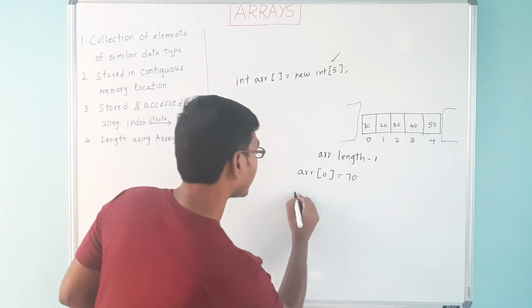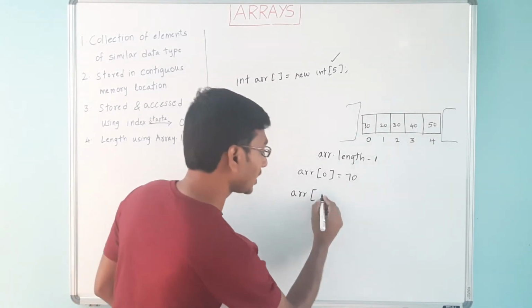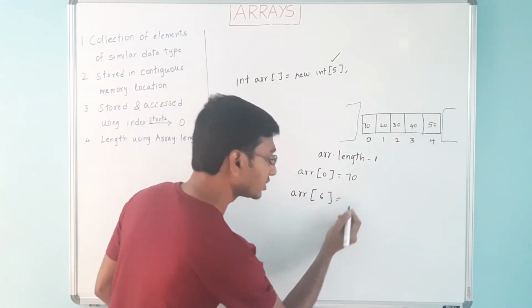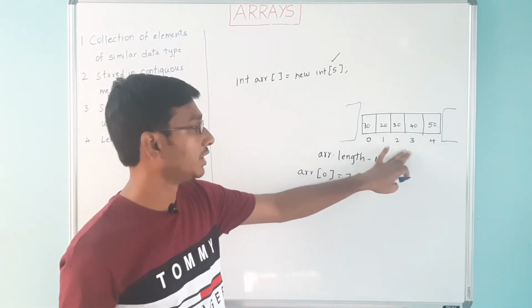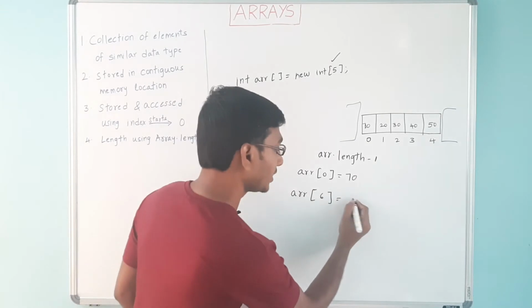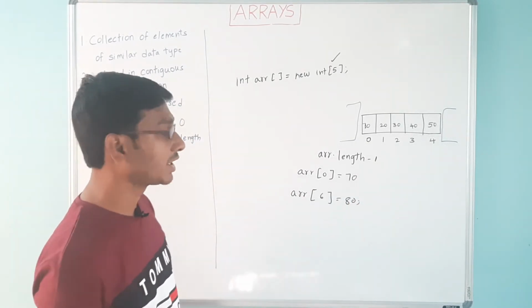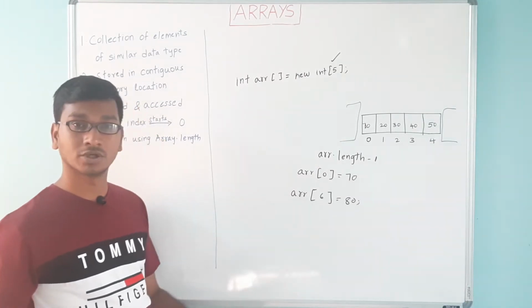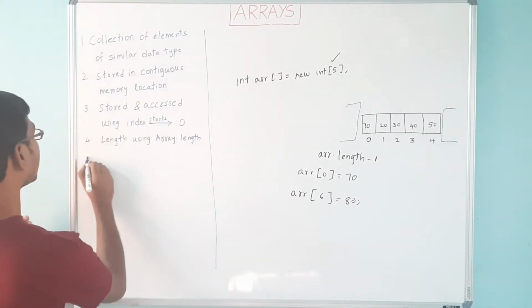Now what if I try to access an index which is not even present there? Say, for example, I try to access index 6, but index 4 is the maximum index in this array, and I assign some value here. In this case, the JVM throws an exception called array index out of bounds exception. So let me put it here.